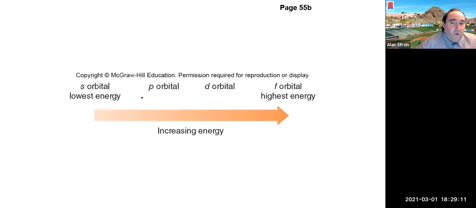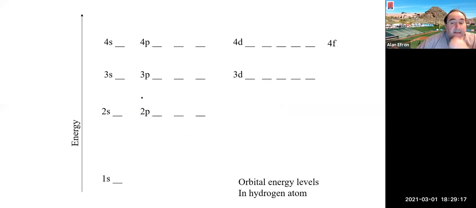So there's actually an order in which we find these orbitals and how electrons go in. When we only have one electron, this is what it all looks like. And this is our n equals 1 level, or n equals 2 level, or n equals 3 level, or n equals 4 level.